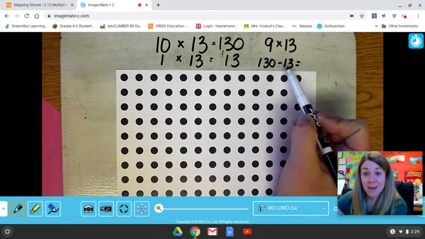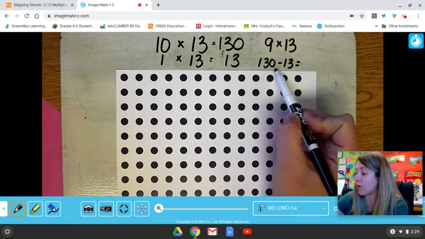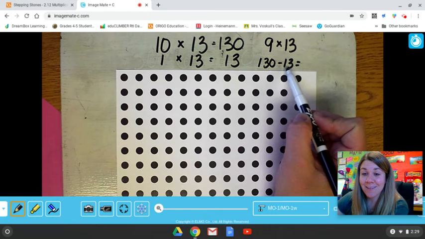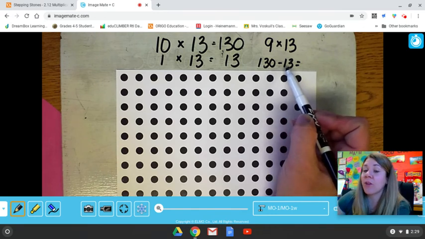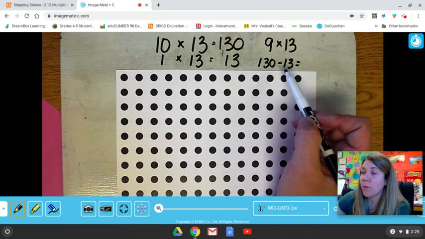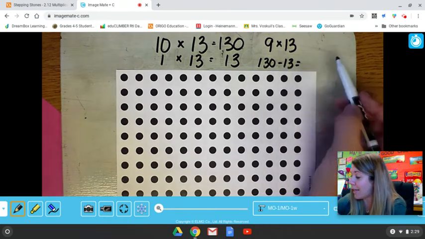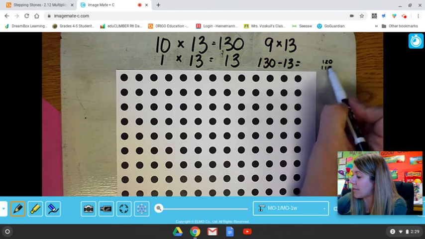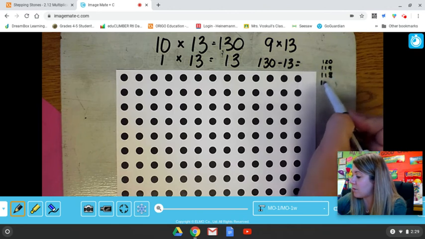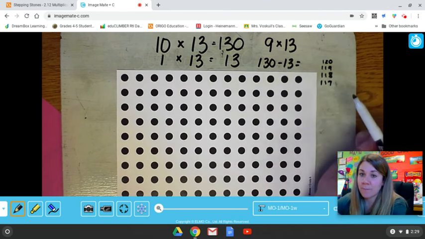I like to count back 10 first, so I'm at 130. I'm going to subtract 10, which is 120, and then I'm going to subtract 3 more. So I'm at 130, subtract 10 is 120, then I have 119, 118, 117.